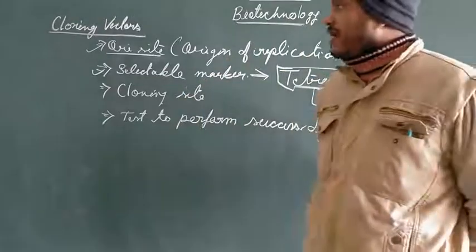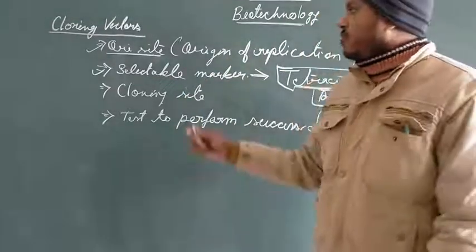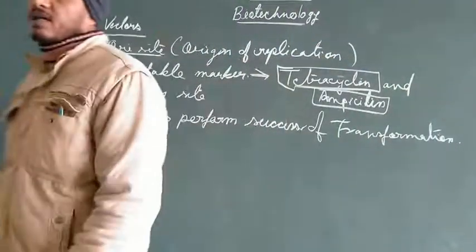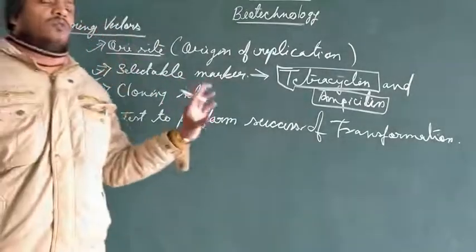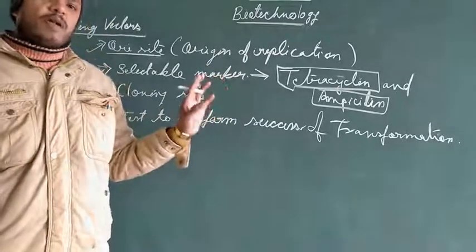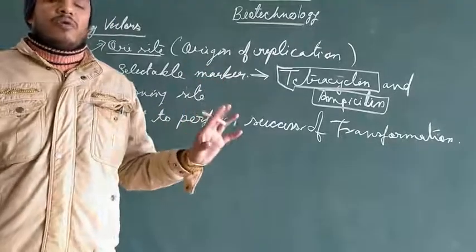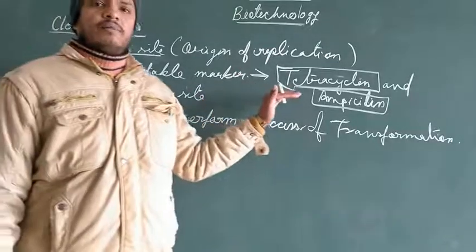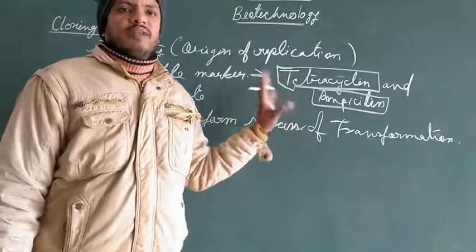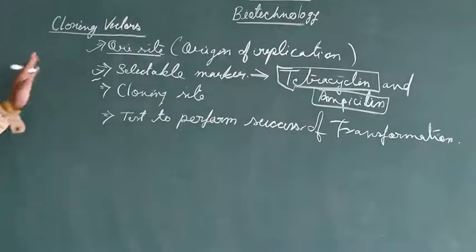To check the purity we use selectable markers, so that only the particular resistant type of plasmid will grow in the culture media containing this particular antibiotic.